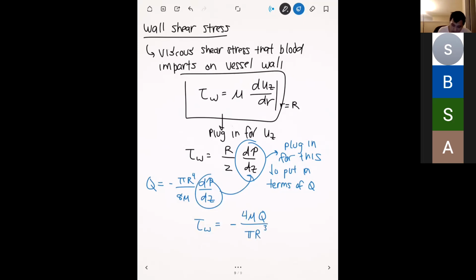Okay. And so usually in these cases, we're just going to ignore the negative and pretend that it's not there. Or another way you can think about it is we're taking the magnitude of this wall shear stress. Okay. And so our formula for the wall shear stress for a cylindrical vessel in terms of Q and R is going to be 4 times Q times mu divided by pi r cubed.